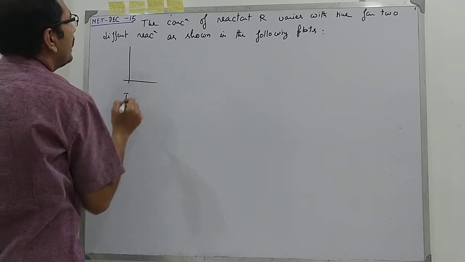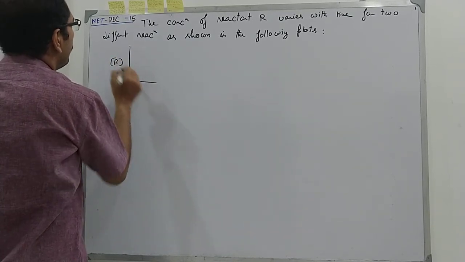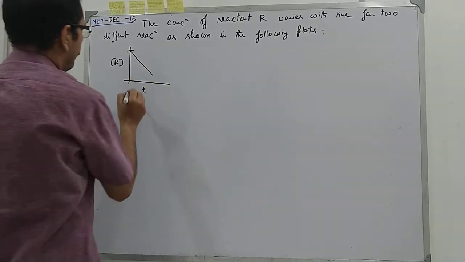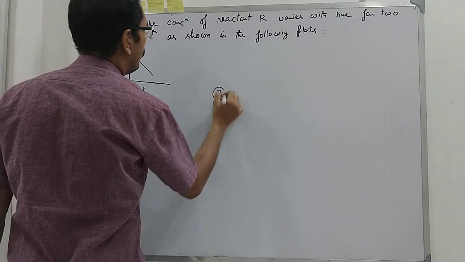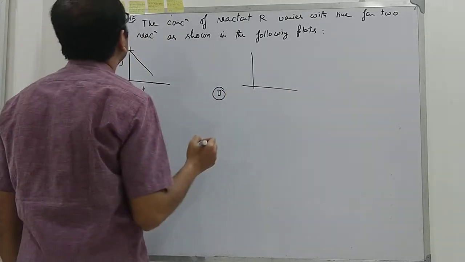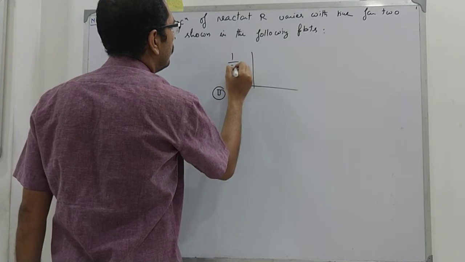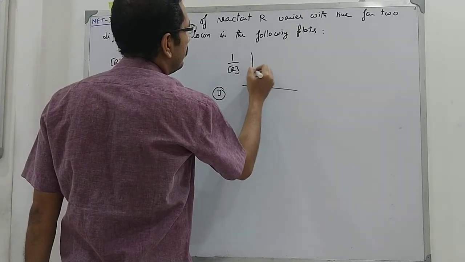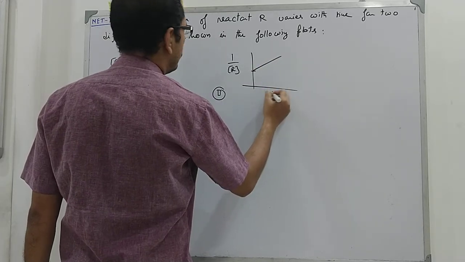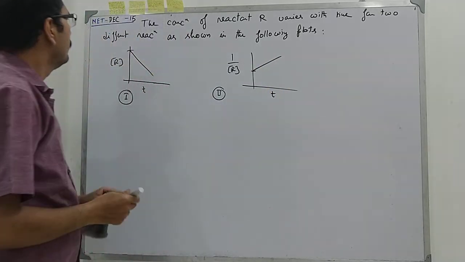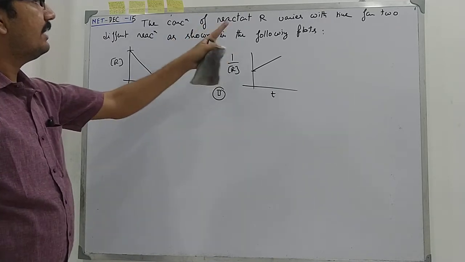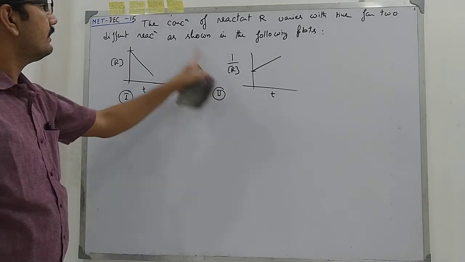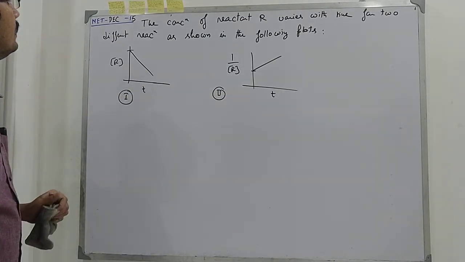So in plot 1 we have the concentration of R like this, and in plot 2 we have one by concentration of R like this. This is time. So the concentration of reactant R varies with time for two different reactions as shown in the following plots.